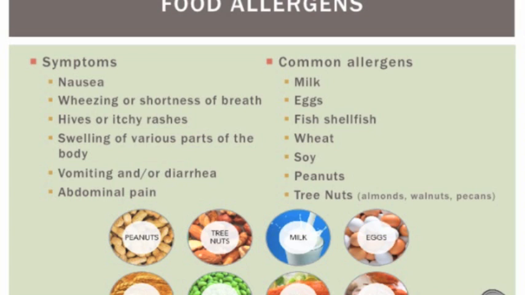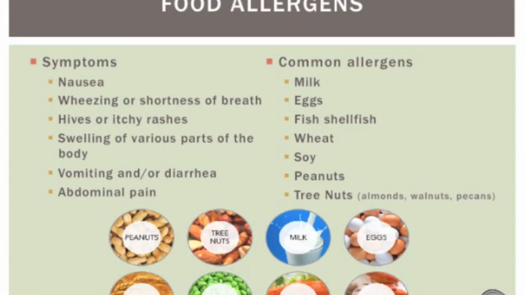And then finally, they talk about food allergens. They list the common food allergens, common types of food that will cause an allergic reaction. And they also list the different symptoms. So those are important for an employee to be aware of, so that they can see if this is happening immediately, because some allergic reactions occur immediately.